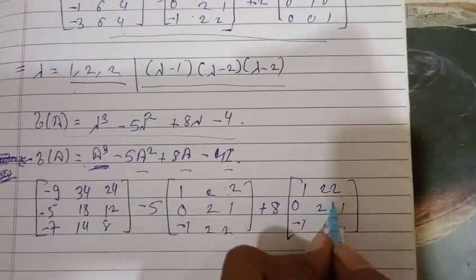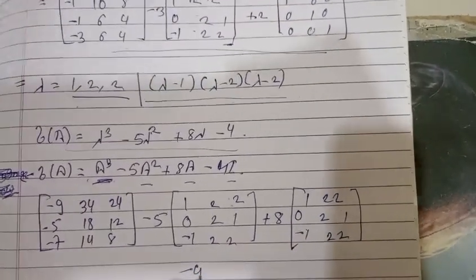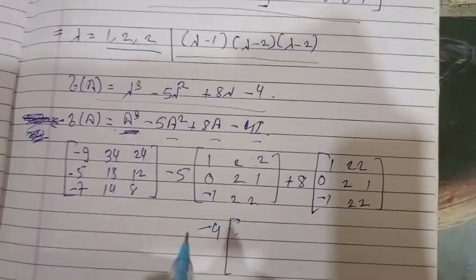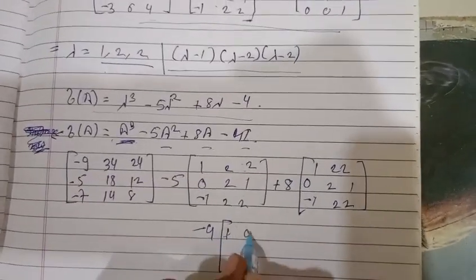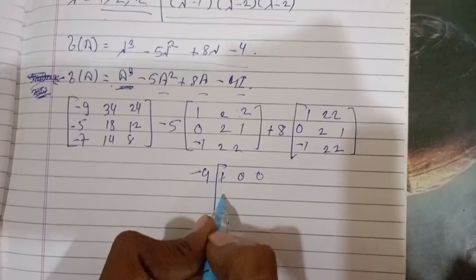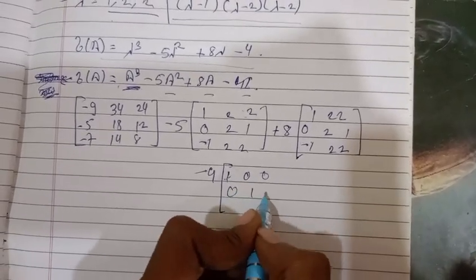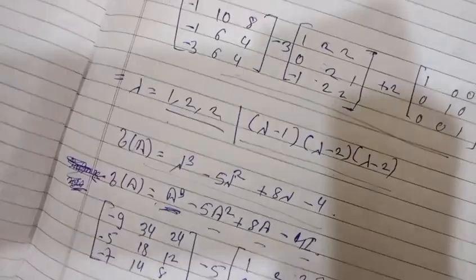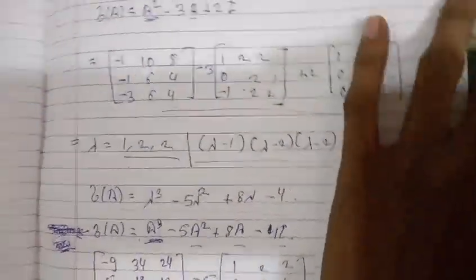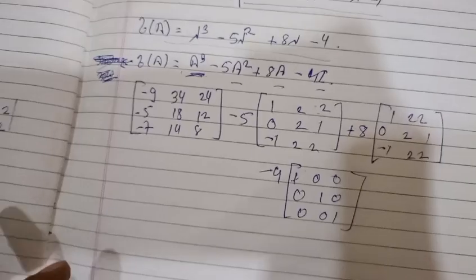Next value simply minus 4, the identical matrix, simply I, 1 0 0, next 0 1 0, and 0 0 1. And finally check that equation, it's the same.